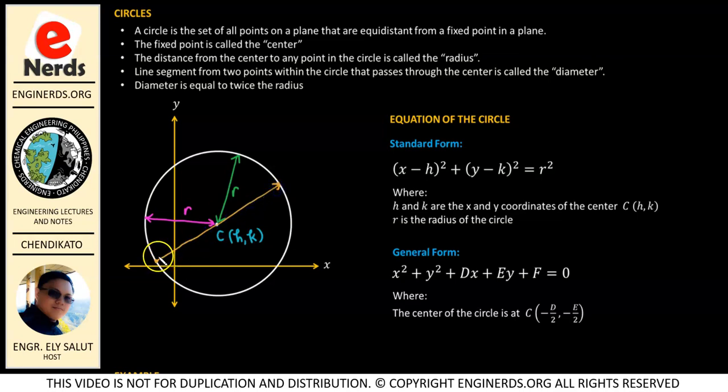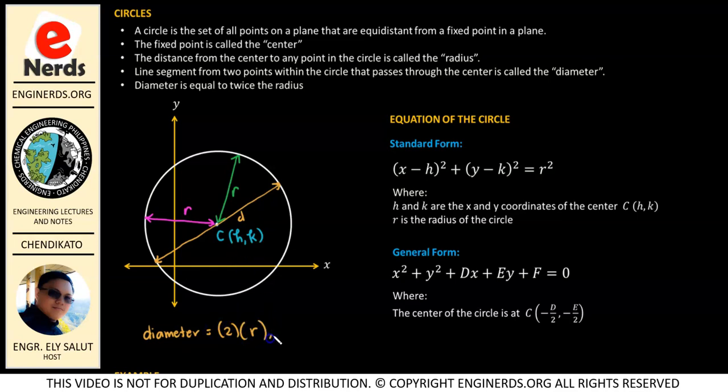And that one is what we call a diameter. As you can see, dahil dumaan siya sa ating center, that means this distance is also equal to this distance because all of the points sa ating circle is equidistant sa ating center. So, that means our diameter is equal to 2 times our radius.